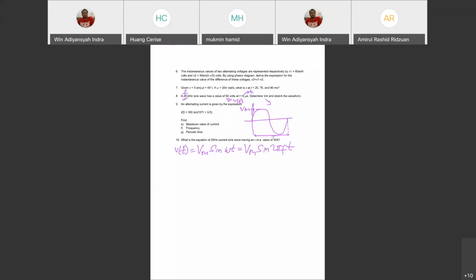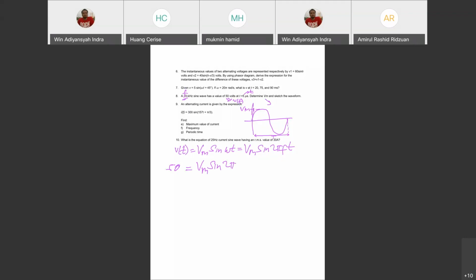So you have to find Vm and T to sketch a complete waveform. Okay, so just insert each value then. V is 50, right? Vm is the one I'm looking for.